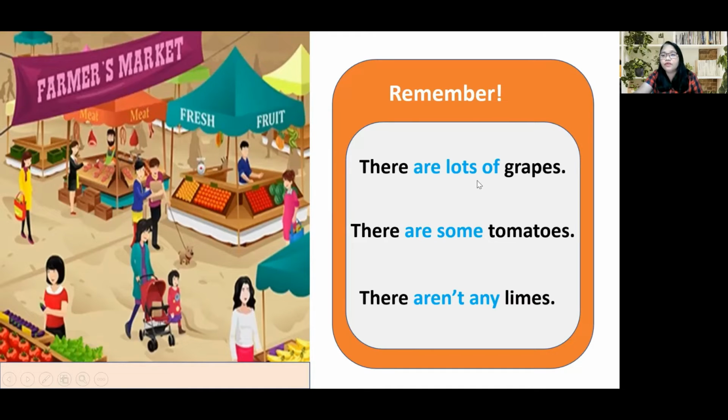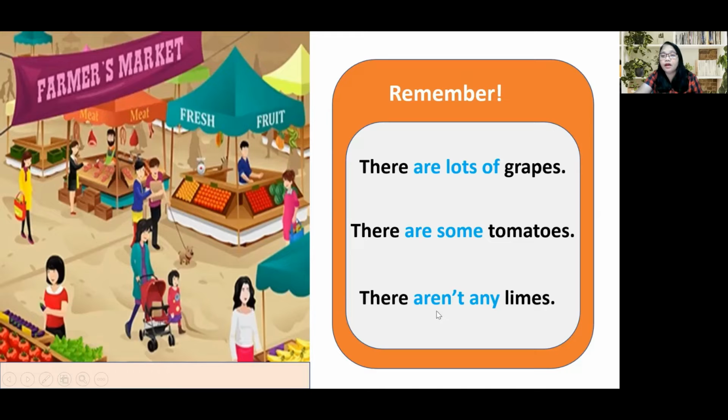There are lots of grapes. And when you say some, not so many, just a few. So you say there are some tomatoes.